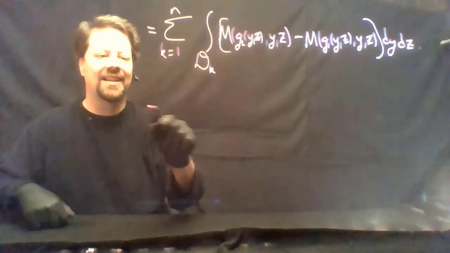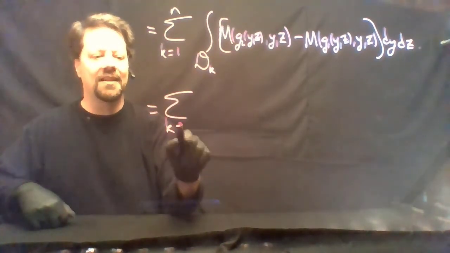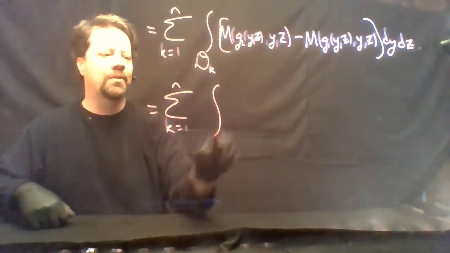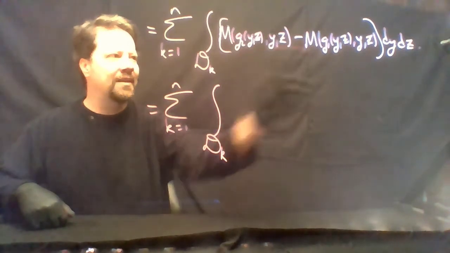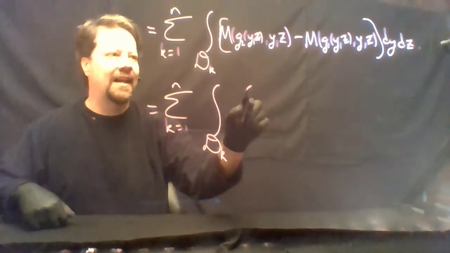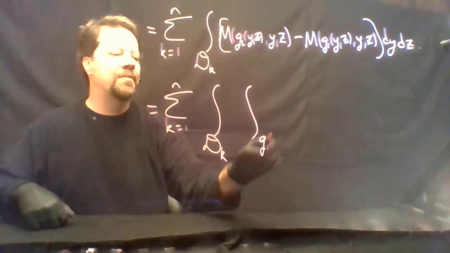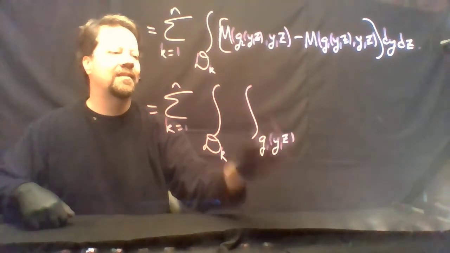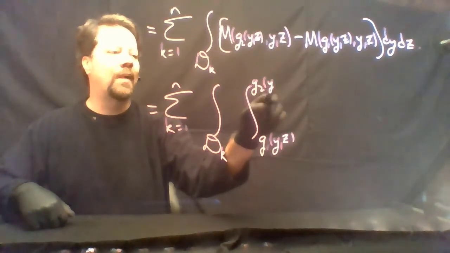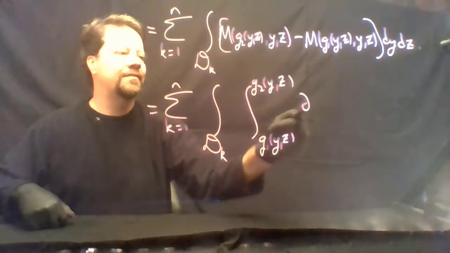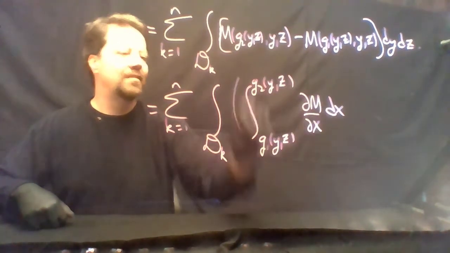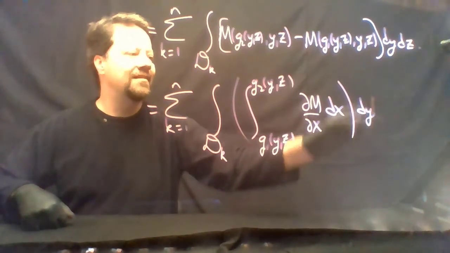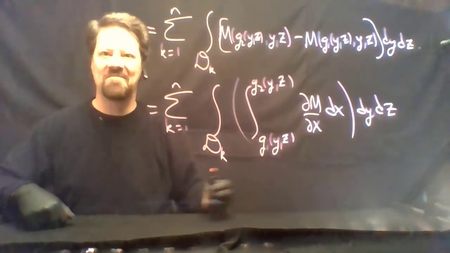But I want you to check this out. This is the sum as k goes from 1 to n. Sure, we have the integral on the domain Dk, but we can think of this difference as the integral from g1 of y, z to g2 of y, z of dM/dx, all times still dy dz.